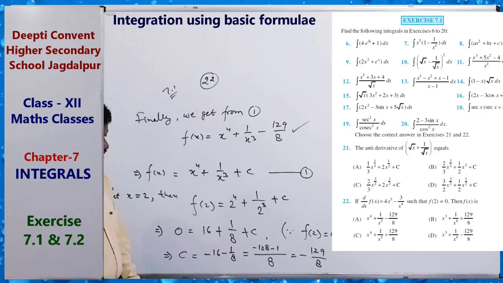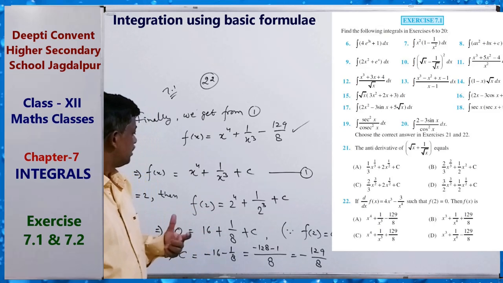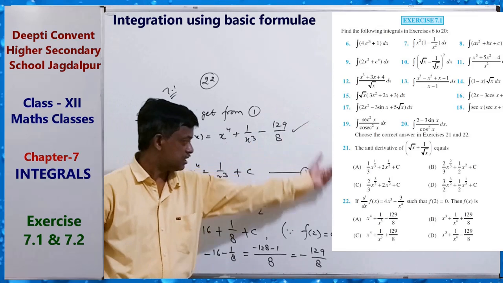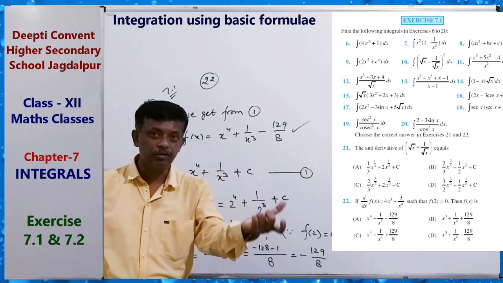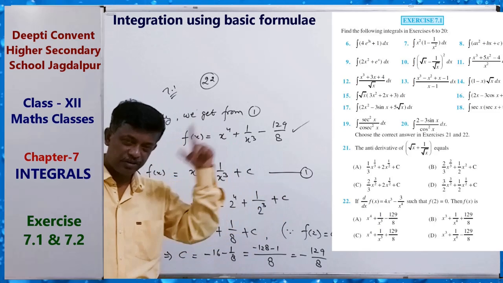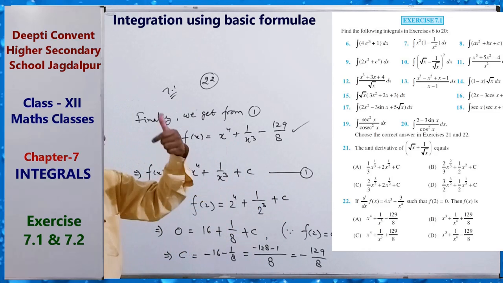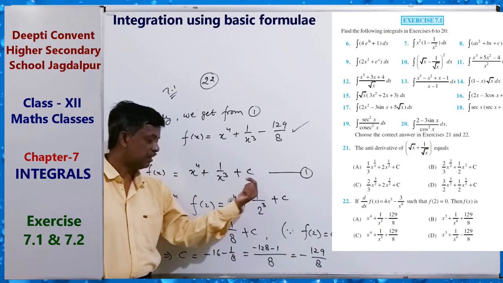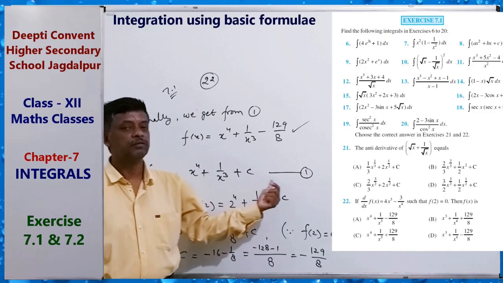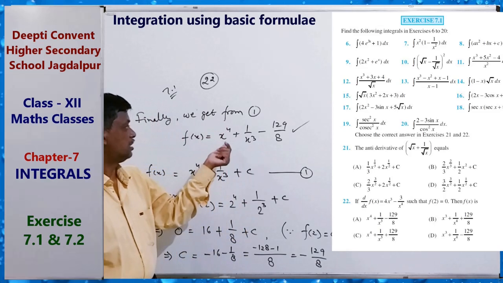So sometimes this type of question may be given where some conditions are given. So apply this condition and find the value of the arbitrary constant of integration and put the value of the arbitrary constant in the equation where the constant is present, then we can get the particular function just like this.